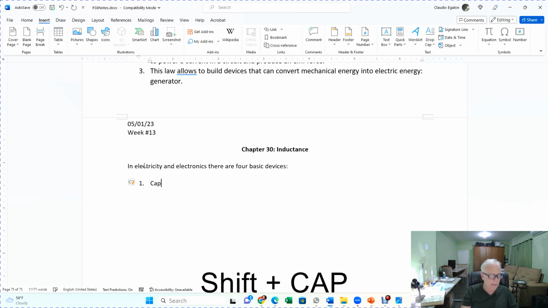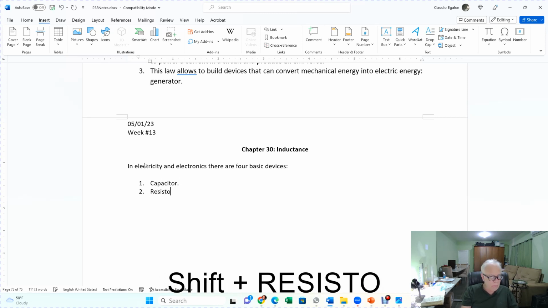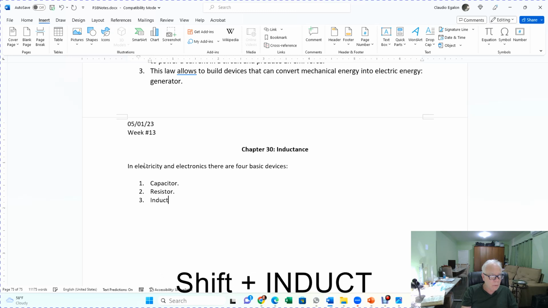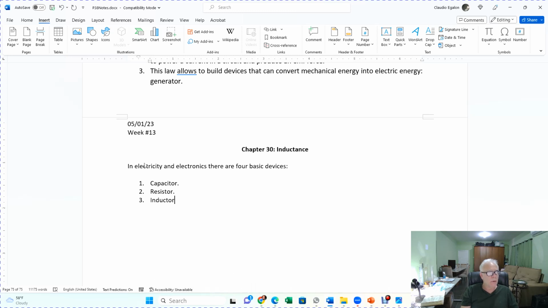The first one and the simplest one is the capacitor. It's an old device. Then I introduced you to the resistor. And now I am going to introduce you to a device called the inductor. And there is one more device that we are not going to cover in this course. That's called the transistor.